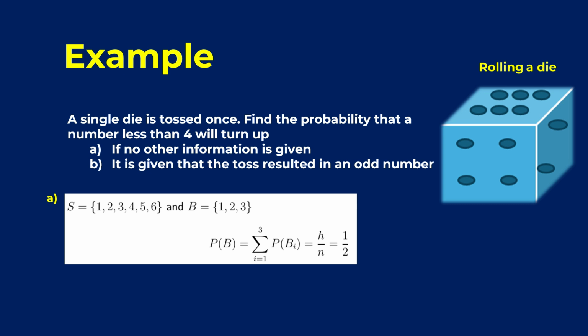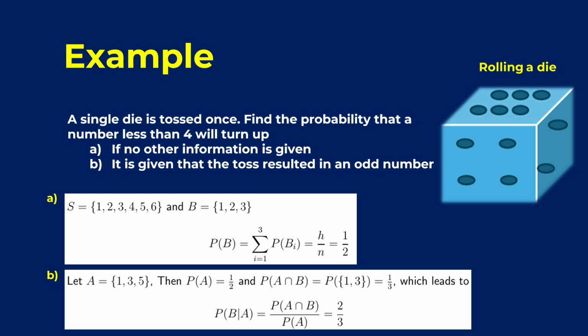Now to part B. We are given that the toss resulted in an odd number, so we have additional information. We call this event A, which comprises 1, 3, 5, the odd numbers, and it is the new sample space. Using the above methodology, we can see that the probability of A is 1 by 2.